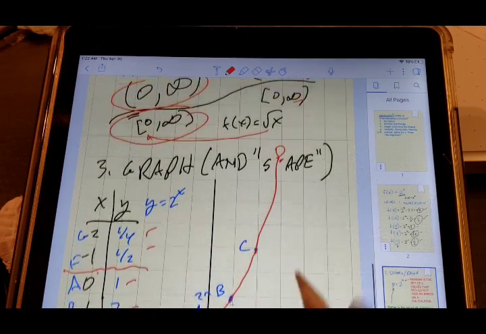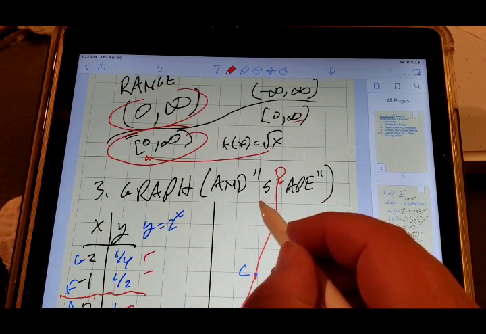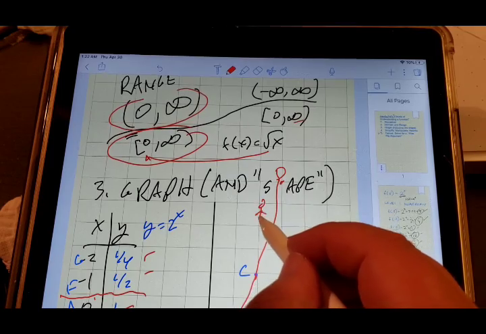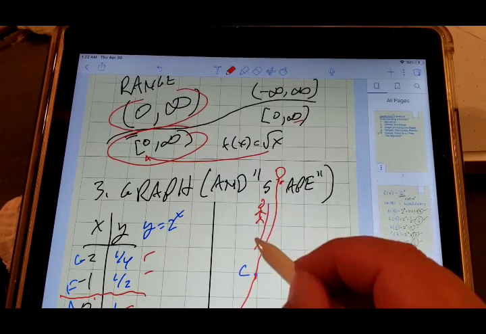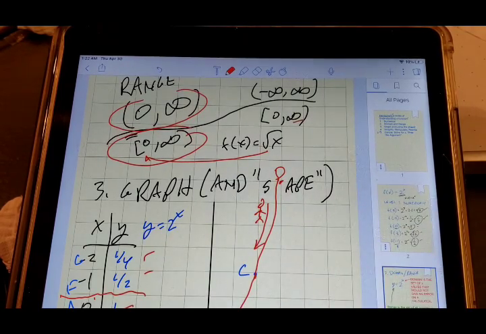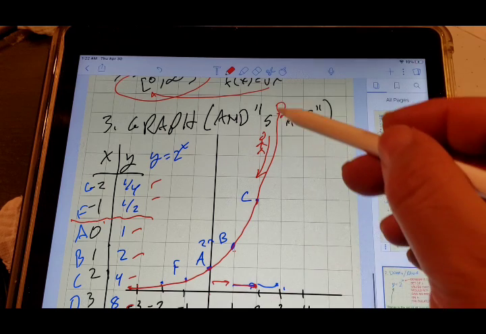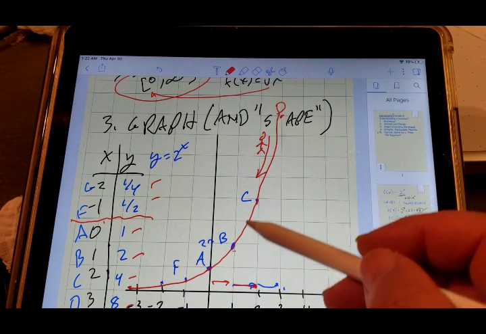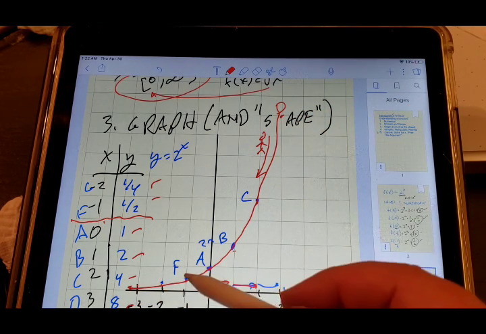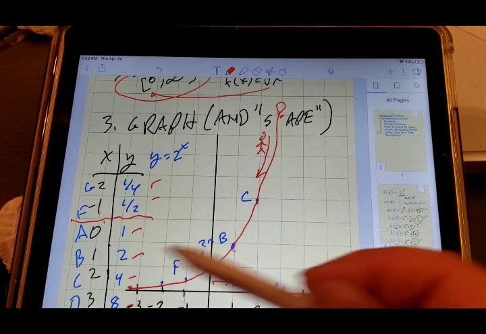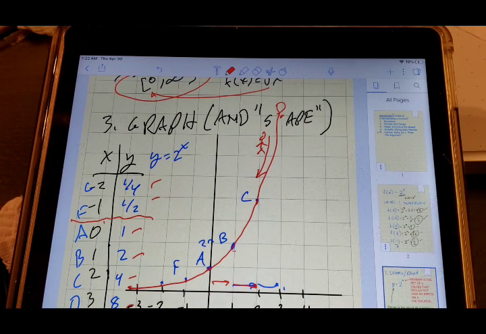I like to think of this as a water slide. Water slides are sometimes really steep and they level out at ground level. They don't go below the ground. So it looks like a water slide, one of those really steep ones.